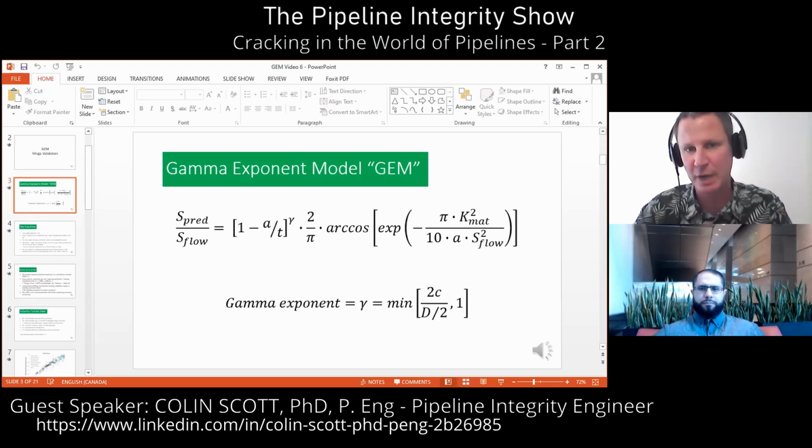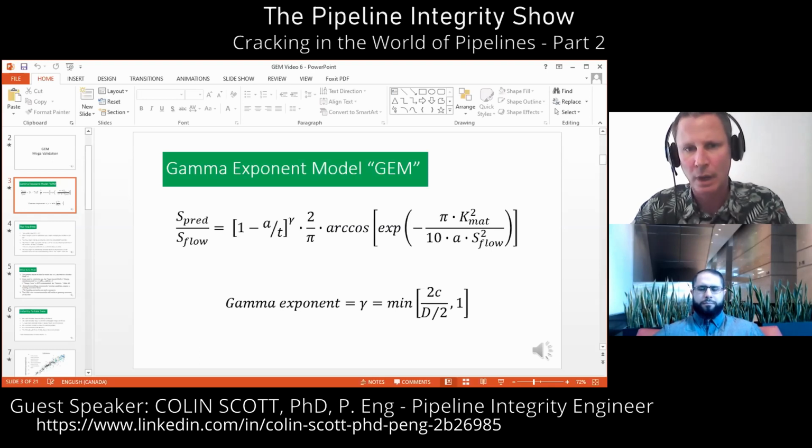Then we've got a 2 over pi factor, an arc cos, and an exponential term, just like we would have in the log secant model. We have pi over K squared, where K squared is our material toughness, and that's all on top of 10 times the crack depth times the flow strength squared.